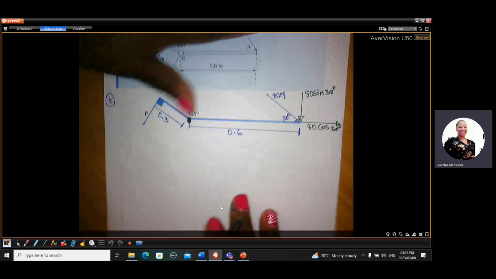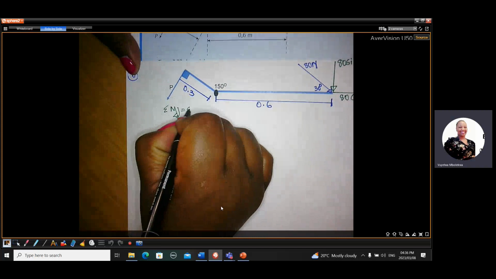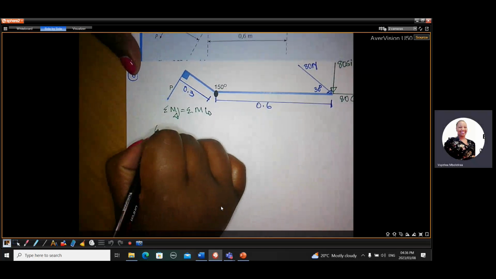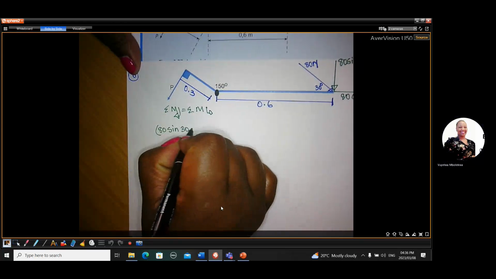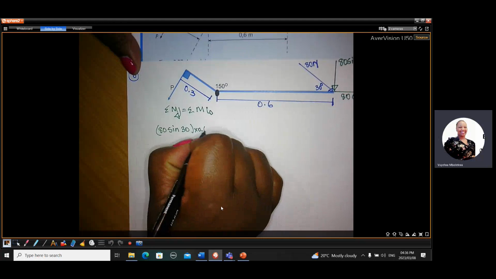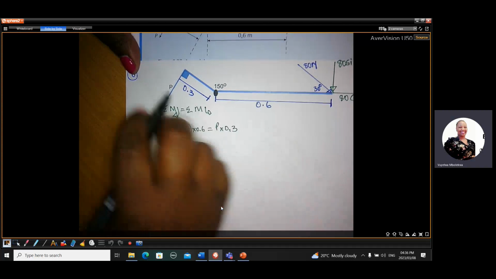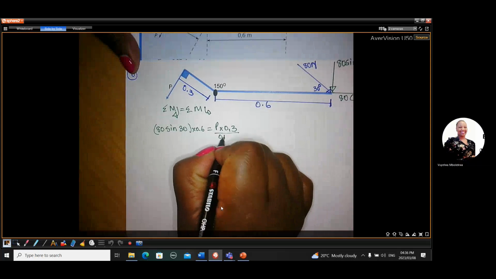Now, this is just to take moments. The sum of the clockwise moments is equal to the sum of the anti-clockwise moments. Clockwise, we have 80 sine 30 times 0.6. Anti-clockwise, we have P times 0.3. This one is still perpendicular, so we won't need to resolve it.